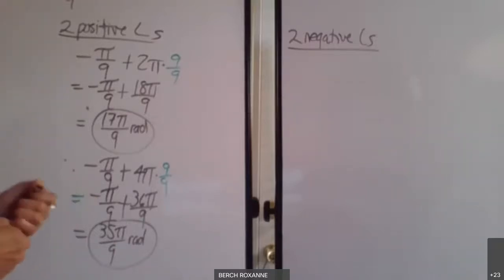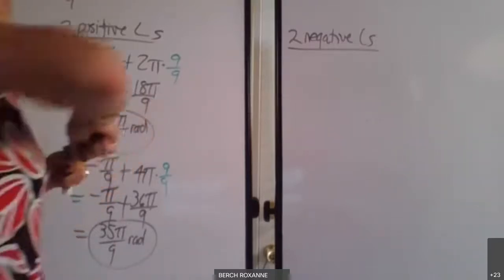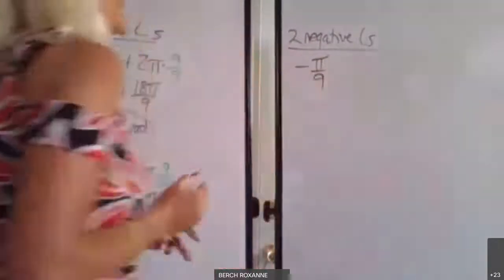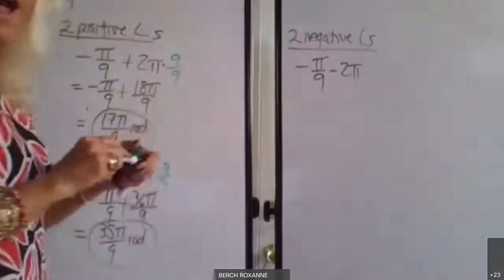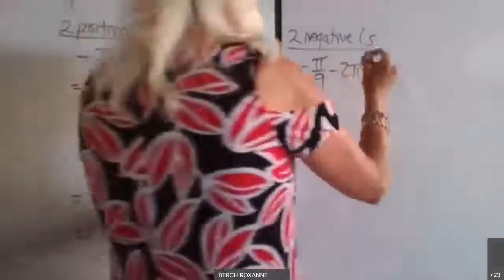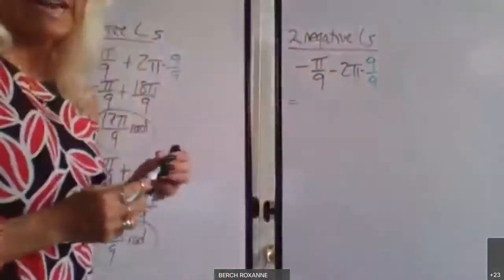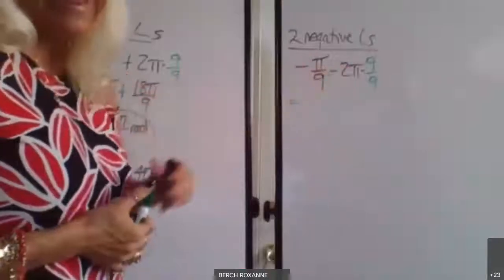How about two negative ones? What would you do with negative pi over 9? Subtract 2 pi. You need a common denominator. So we'll skip the second step. What's negative 18 and negative 1?